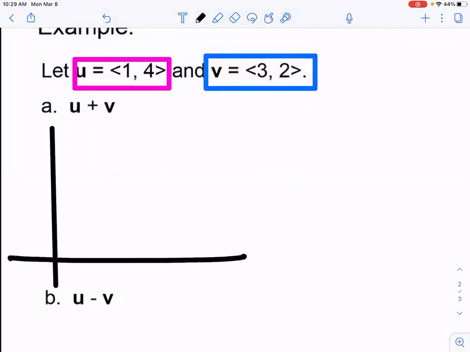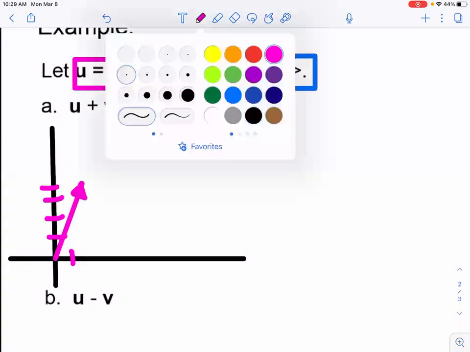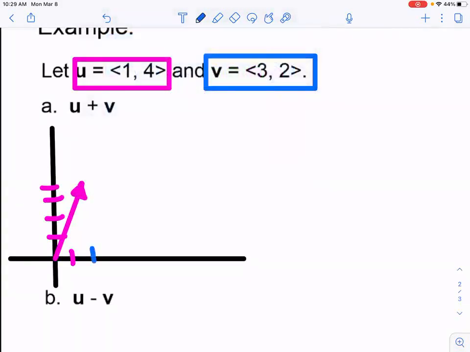I'm not worried about that, but I want you to understand what's happening in our picture. So vector u is 1, 4, and vector v is 3, 2. From there, I'm going to graph that 3, 2.